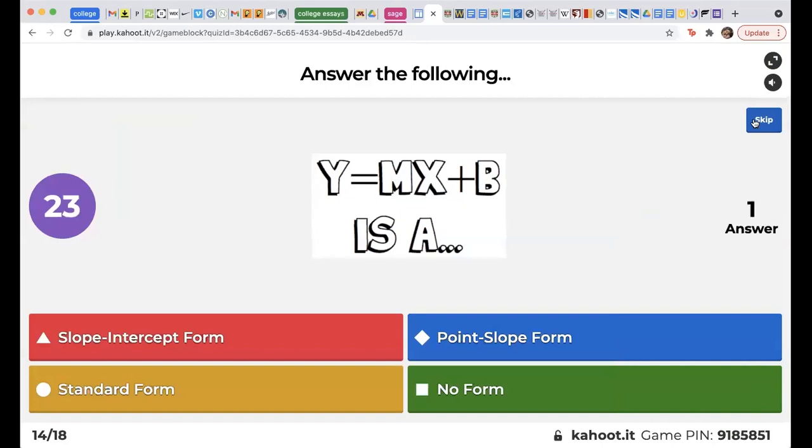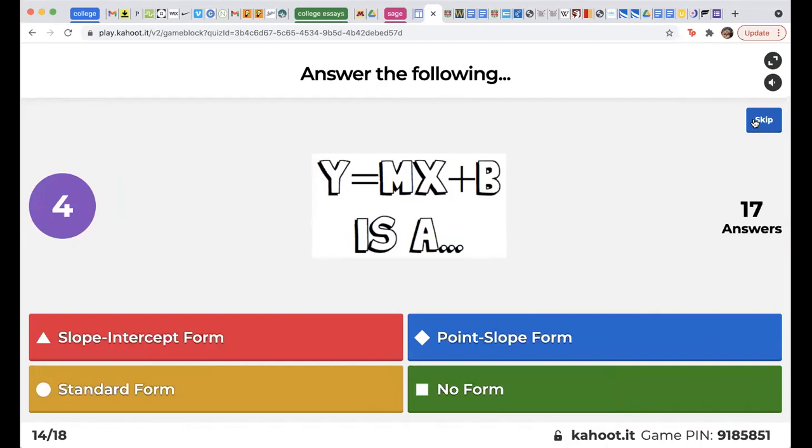We talked about this in the second week when we learned about linear equations. Is it in slope-intercept form? Is it in standard form? Is it in point-slope form? Or is there no form?